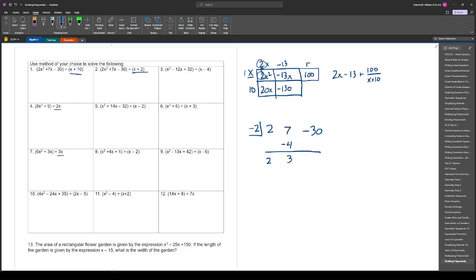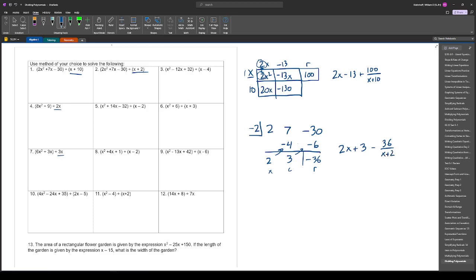Add those, we get 3. Multiply by our divisor, we get -6. So remember, we're multiplying by -2 each time. Add those, we get -36, so that's our remainder. This is our constant, and this is our x's. So our answer here is 2x plus 3 minus 36 over x plus 2.